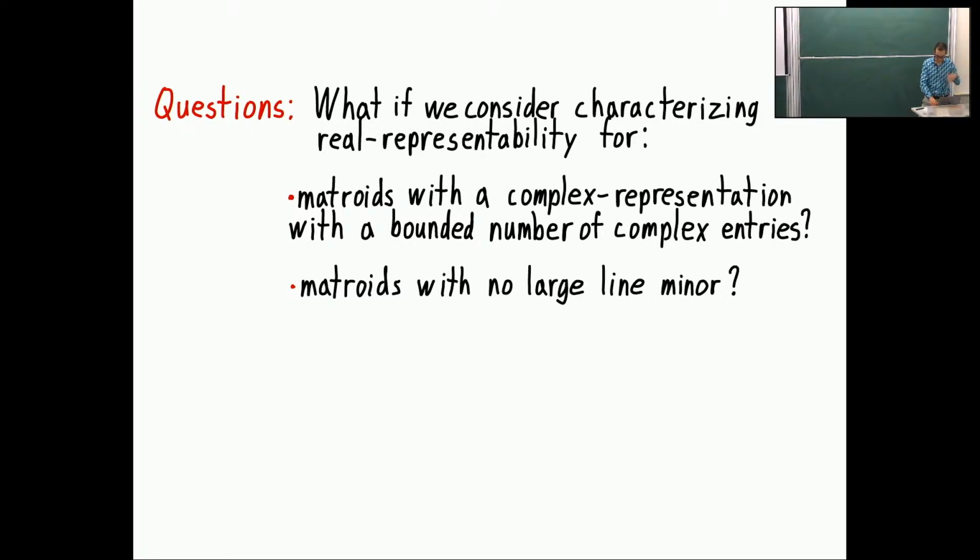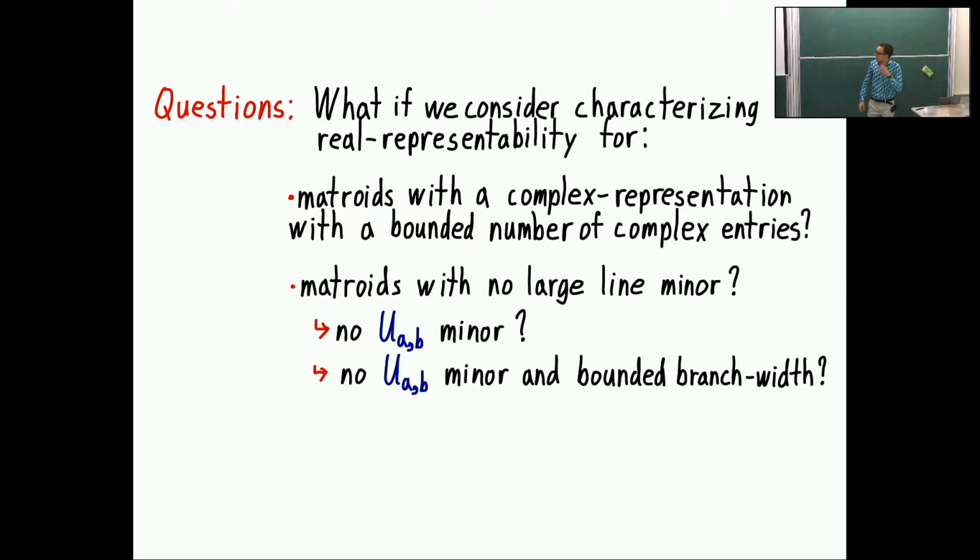Or more generally, is there no uniform matroid as a minor? Maybe even more strongly, what if you don't have a uniform matroid in your bounded branch-width? What if you have much stronger information about the structure of your matroid? So these are still potentially interesting problems.